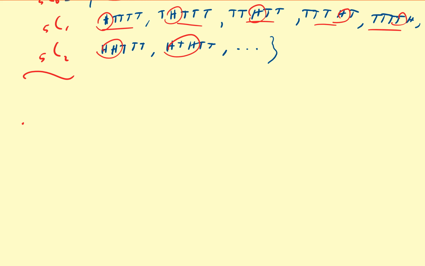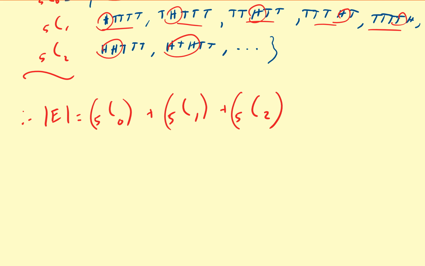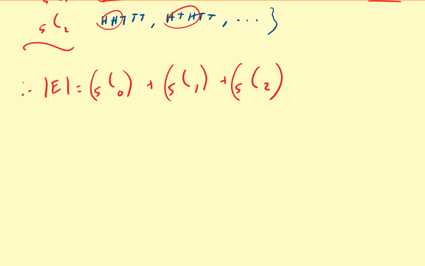So that means the size of our event space is going to be equal to the sum of the combinations 5 choose 0 plus 5 choose 1 plus 5 choose 2. So 5 choose 0 is always equal to 1. 5 choose 1 is always equal to 5. 5 choose 2, not always obvious, so we're going to just calculate that directly.